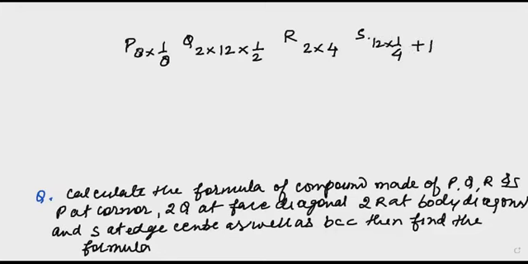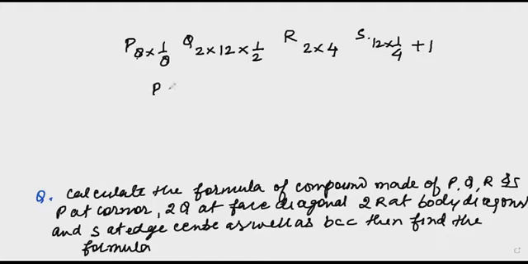Again listen, P is SCC means 8 into 1 by 8. Q is face diagonal, means 12 face diagonals and each face diagonal has 2 atoms. So 2 into 12. Participation in a face is a half, so 1 by 2. R is a body diagonal, 2 into 4. And S is an edge, so 12 into 1 by 4 plus 1.